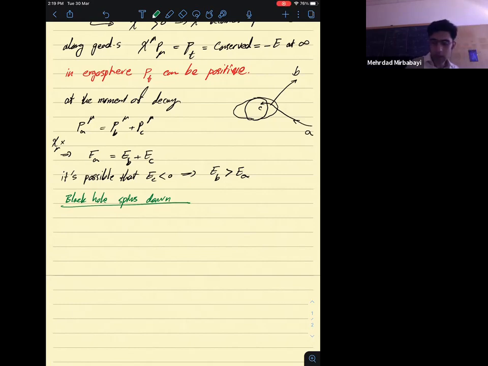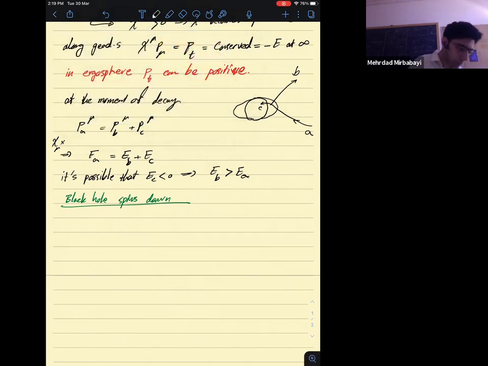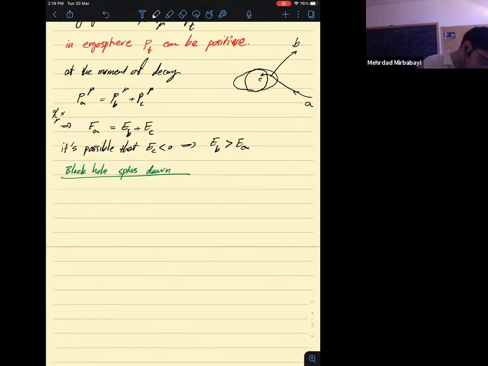To see this, let us remember that we defined these null vectors on the horizon, or we found these null geodesics on the horizon. So this was L mu, which was chi mu plus omega h psi mu.